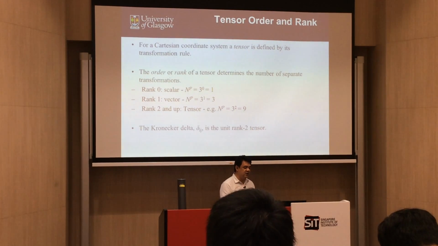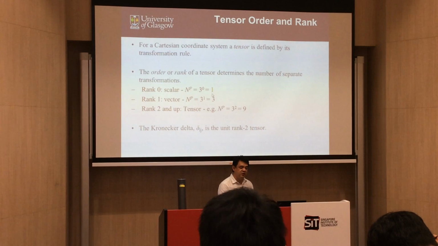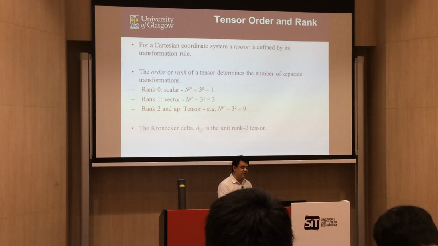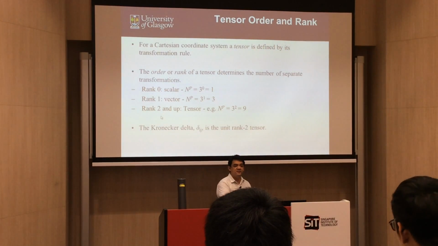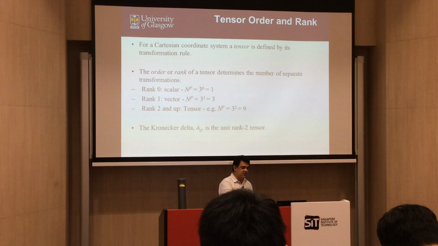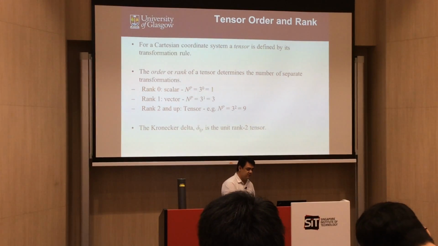Rank 0 is a scalar, just a magnitude. Rank 1, a vector, has a magnitude and direction. As you go up, you have more directions. This is just for your information at the moment.